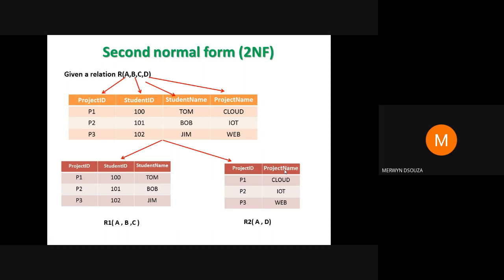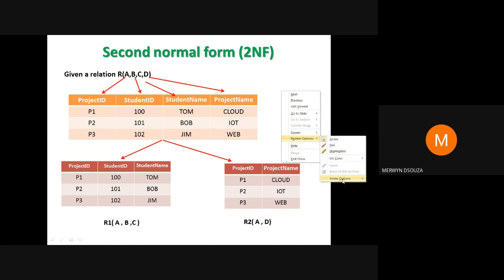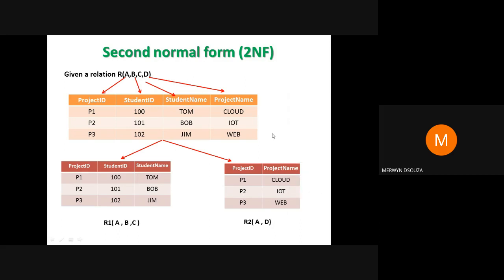So this is how it would have been decomposed. So basically we are having a foreign key, primary key concept. That is how we are trying to reduce the redundancy in the table. I hope you understood, and thank you for listening.